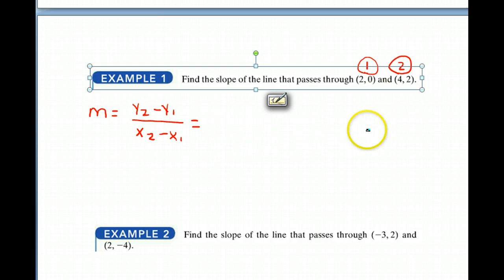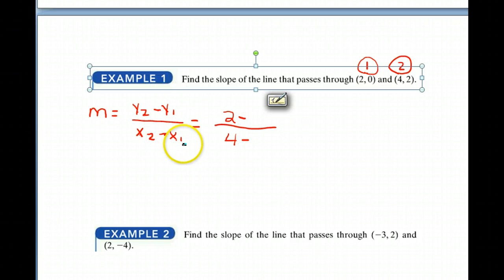Since I identified (2, 0) as my first ordered pair and (4, 2) as my second ordered pair, that means y2 is 2 and x2 is 4. For my purposes, I prefer to plug in x2 and y2 first, and then I put in my minus signs from the formula next.